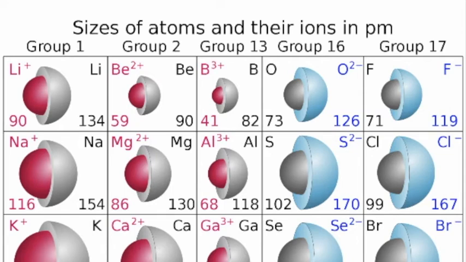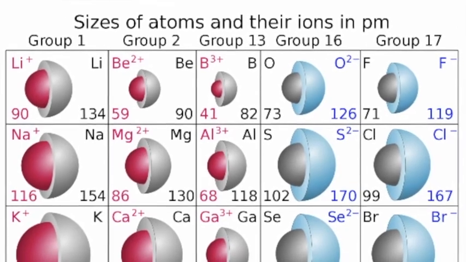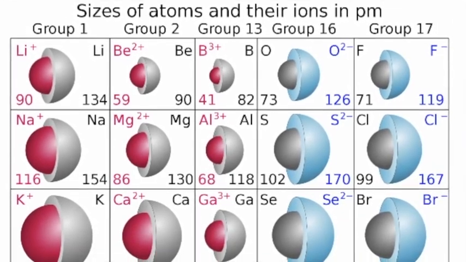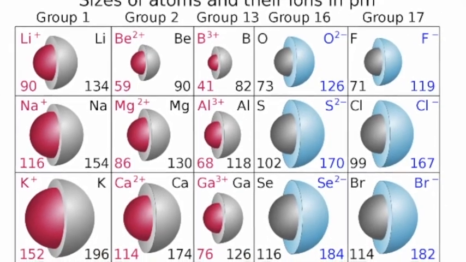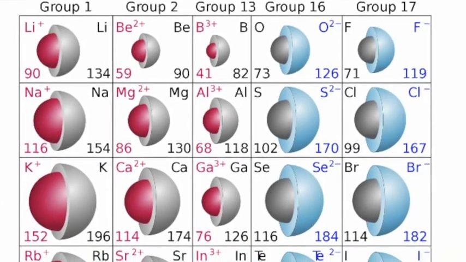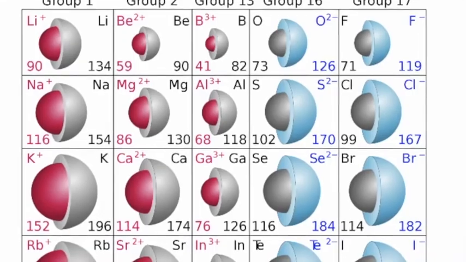We go from 126 to 119 to 116 to 86 to 68 as we increase our atomic number, and likewise increase the number of protons in our nucleus. We see the same trend as we move from sulfur all the way through gallium, where the size of the ionic radius decreases.